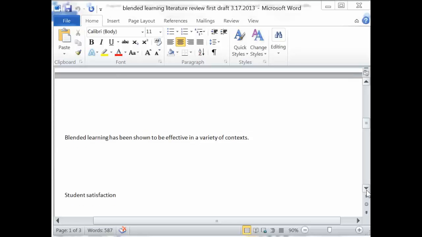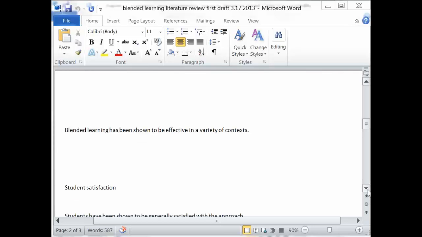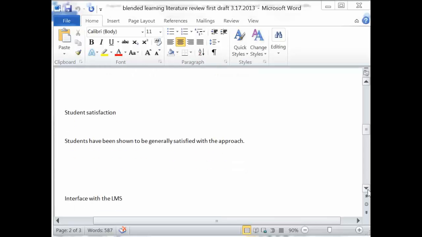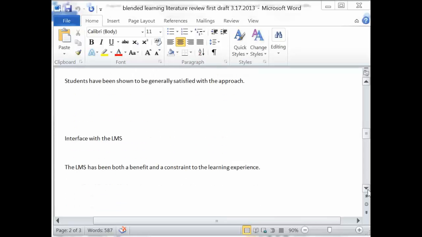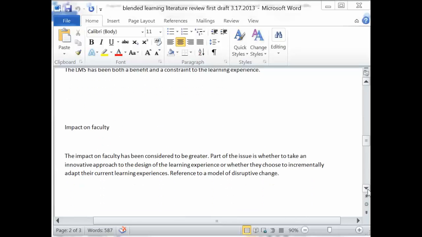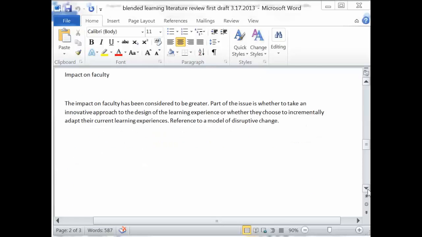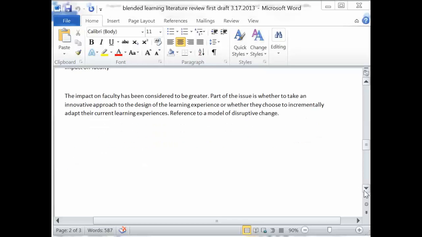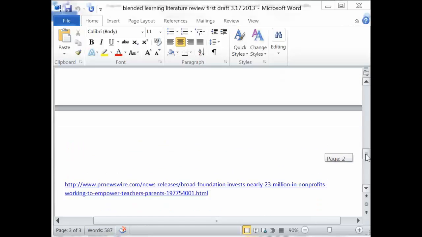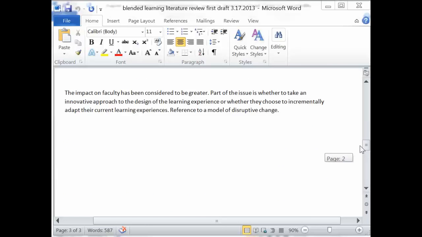I'll have to qualify it and base it in that research and a critical understanding of that research. Student satisfaction has been shown to be important. The interface with the LMS has been both a positive and a negative in the studies. The impact on faculty in terms of workload, and then this idea of referencing a model of disruptive change. Those were the key categories that I pulled out, and I had some additional notes at the bottom.